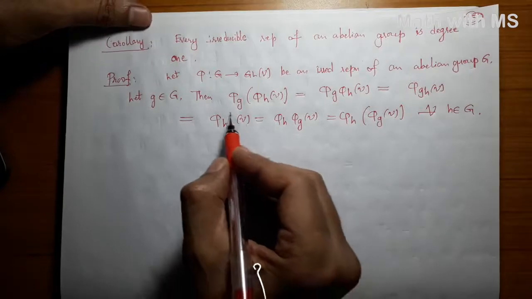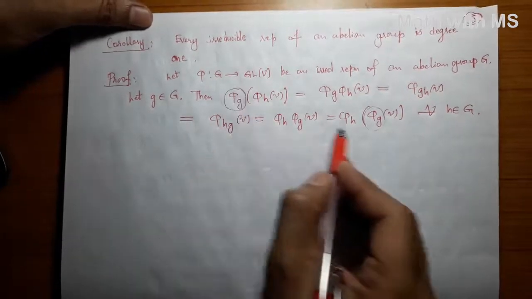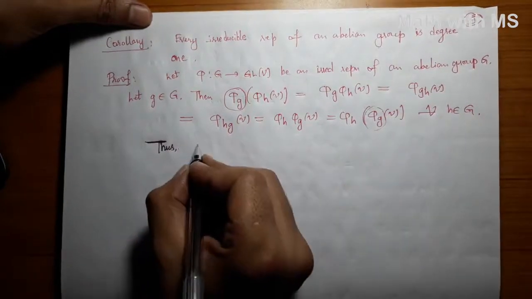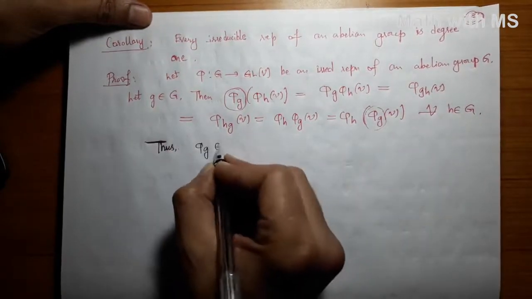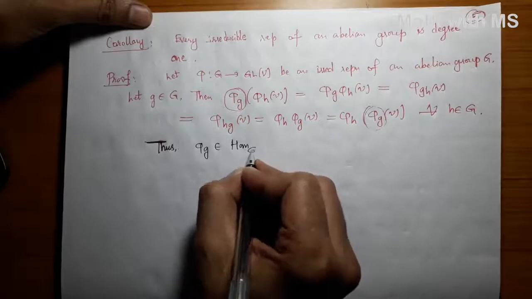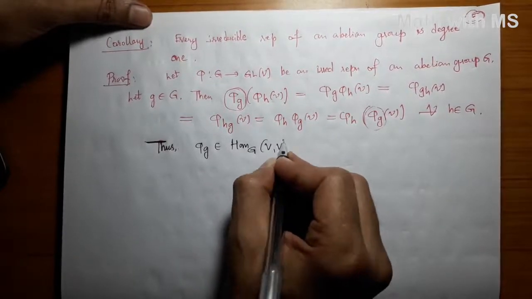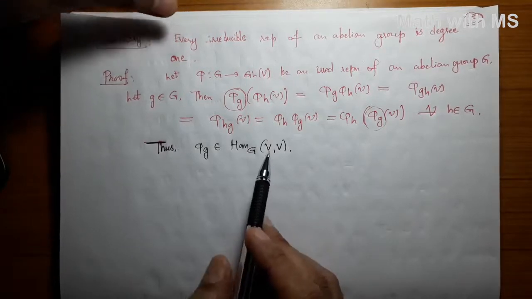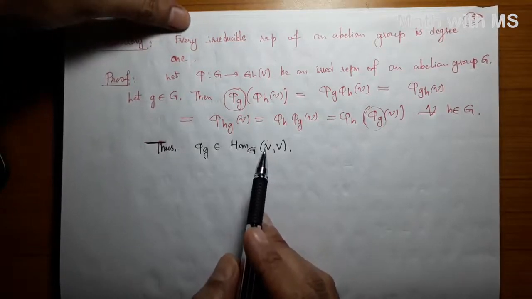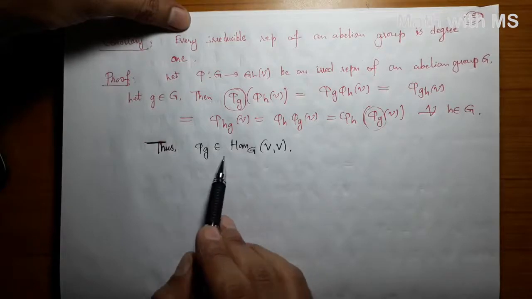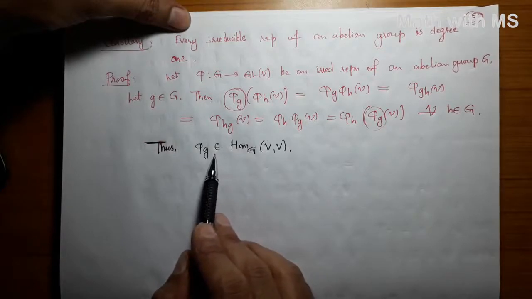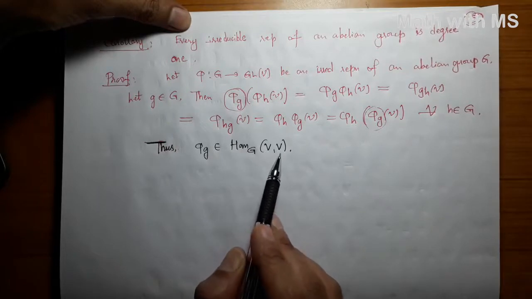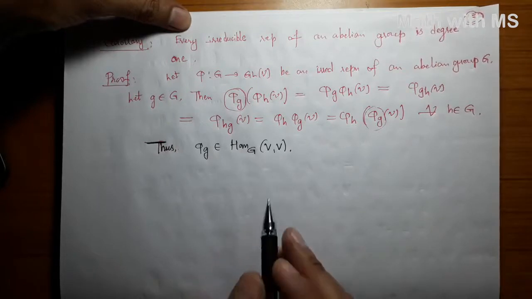So this tells you that this phi g is a morphism of V to itself. Thus, phi g belongs to Hom_G(V, V). All right, and V is given to be an irreducible representation. And in the previous corollary, we showed that if you are given a morphism of an irreducible representation to itself, then it is a scalar multiple of the identity.